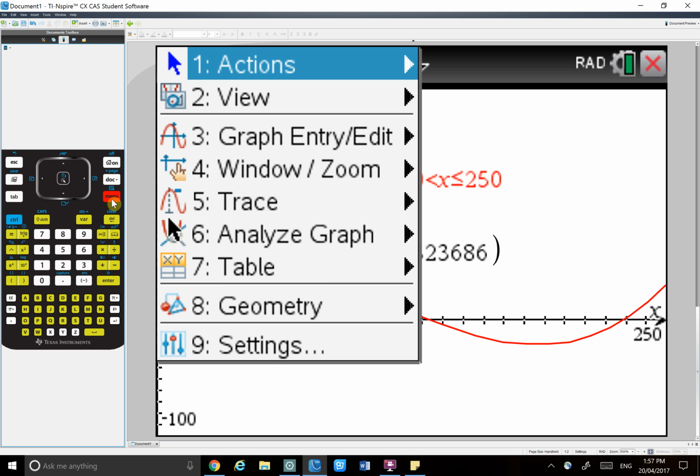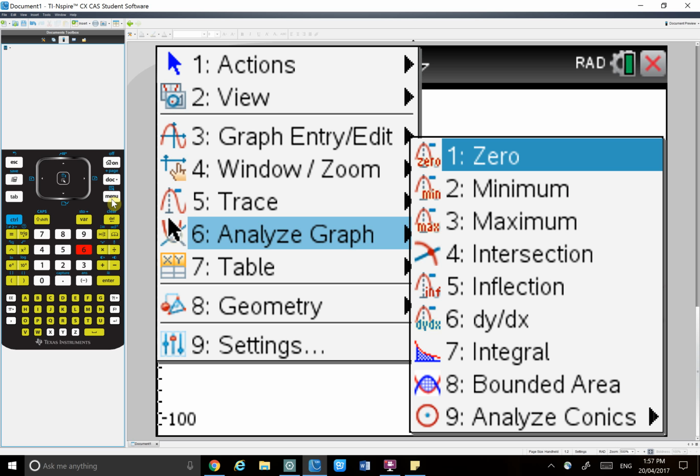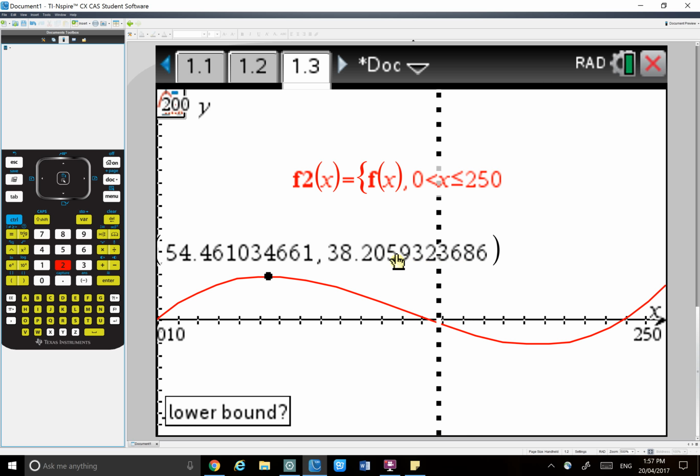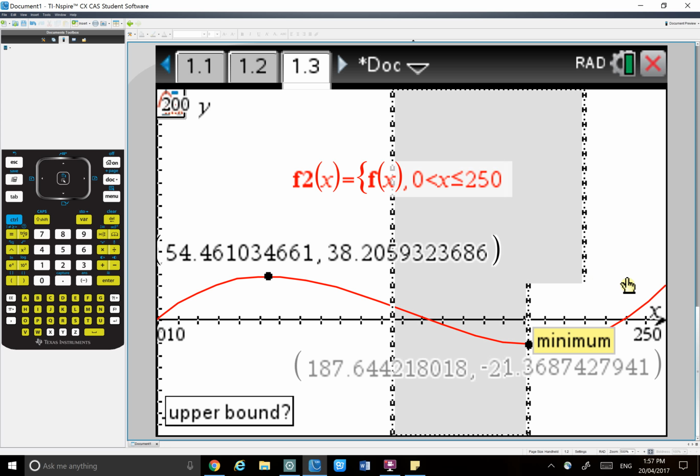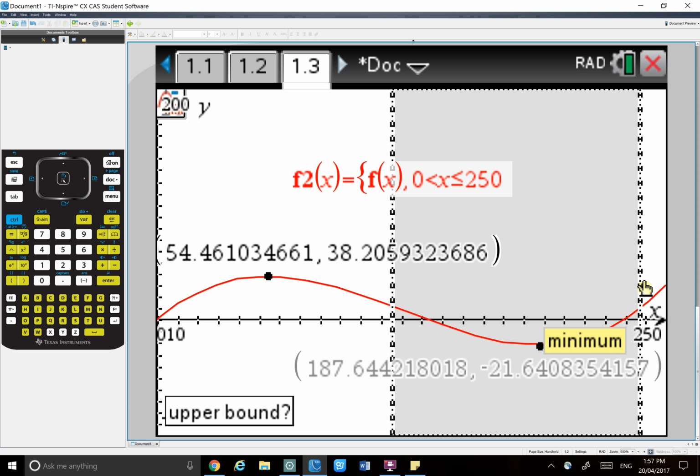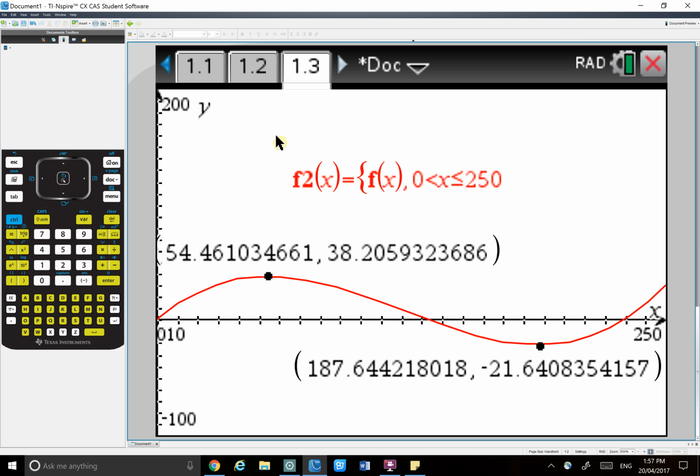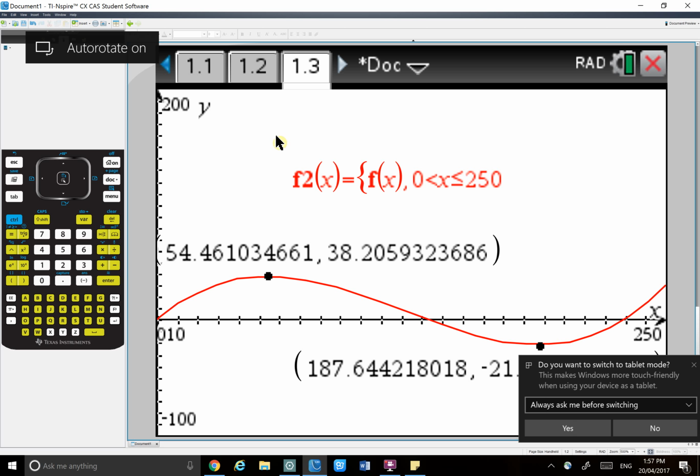Menu number 6, number 2, that's the minimum. You can see this graph actually goes up by 38.21 meters, but goes down by 21.64. So it actually goes more up. Okay, the greatest deviation will be 38.21 if it's correct to 2 decimal places.